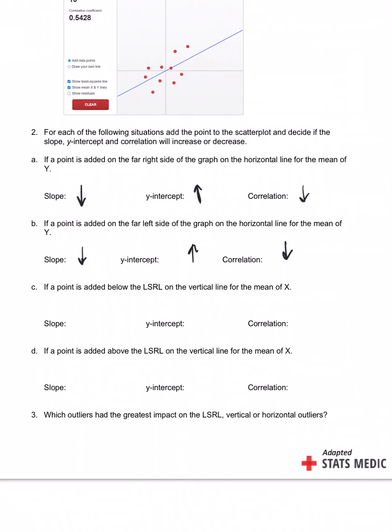Now, if a point is added below the regression line, the blue line, but it's on the vertical line that represents the mean of x. So on the vertical gray line, but below the blue line, add a point. See what happened. What happened to my slope?